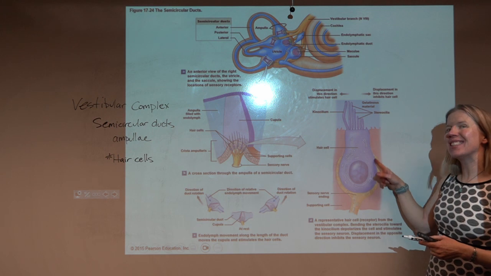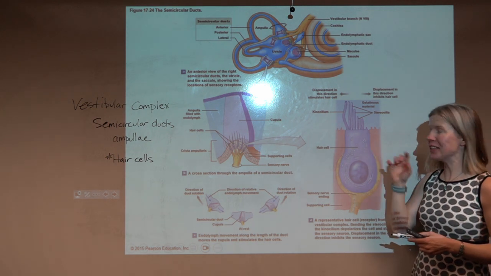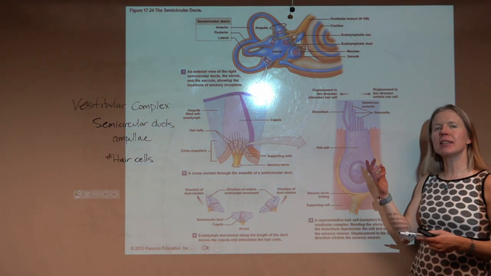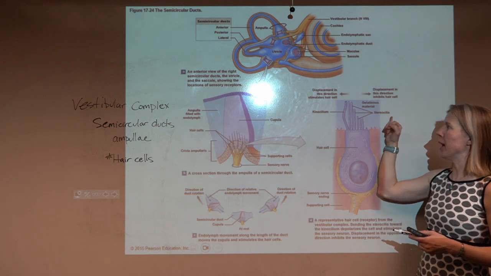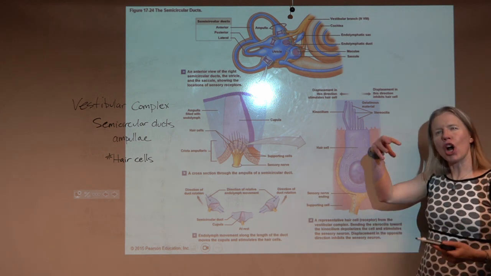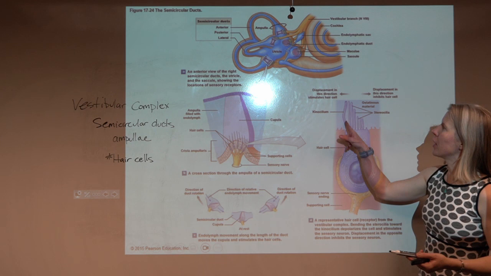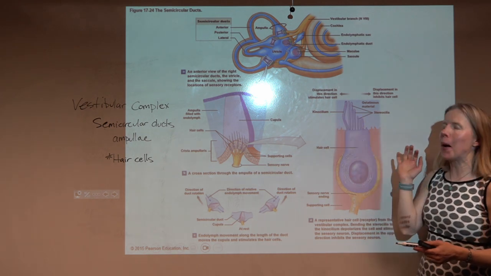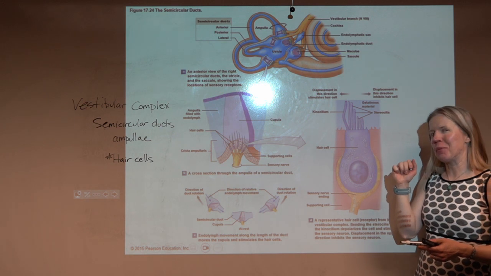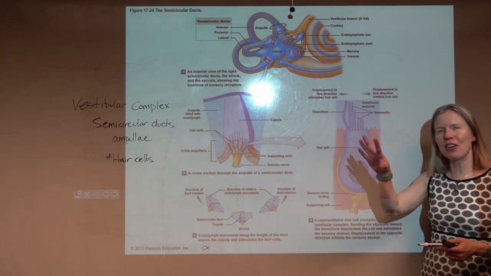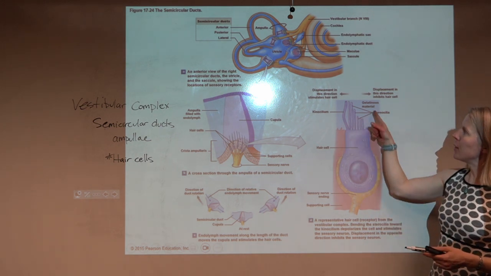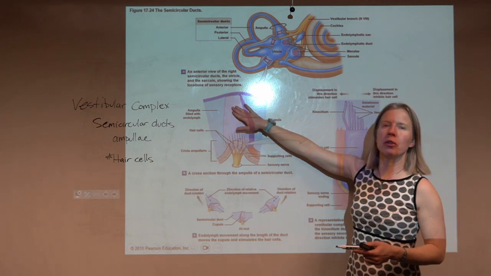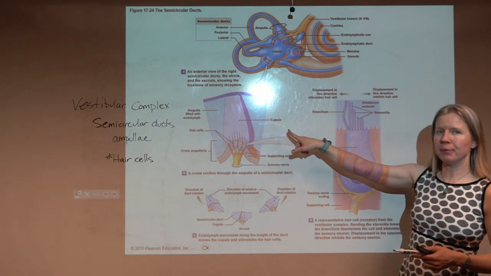But the hair cell itself is probably called this because it has these stereocilia. They are like elongated microvilli. Check out this one, it actually gets its own name because it's so big, but I don't care if you memorize that. You have these stereocilia that are embedded in this gelatinous material called the cupula.